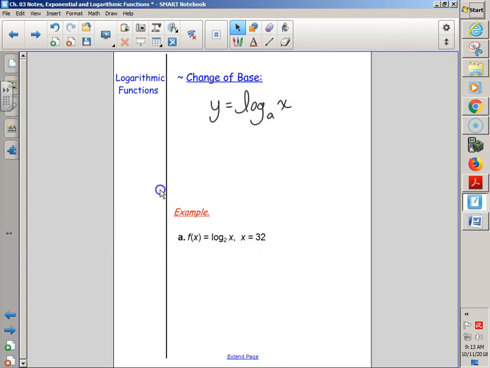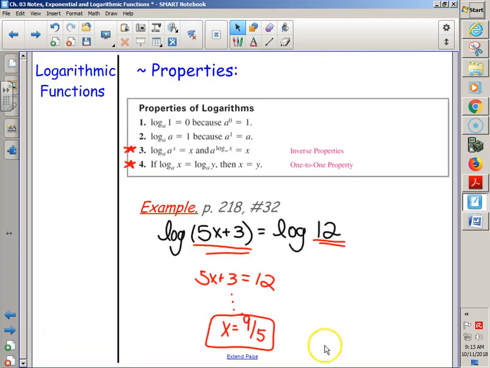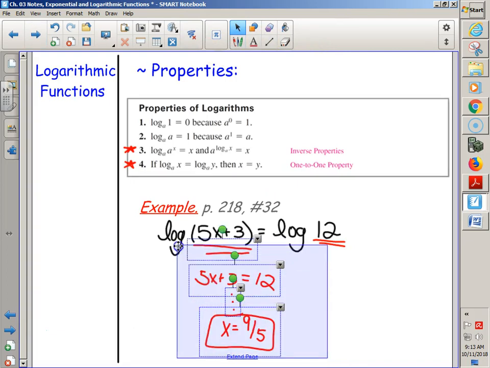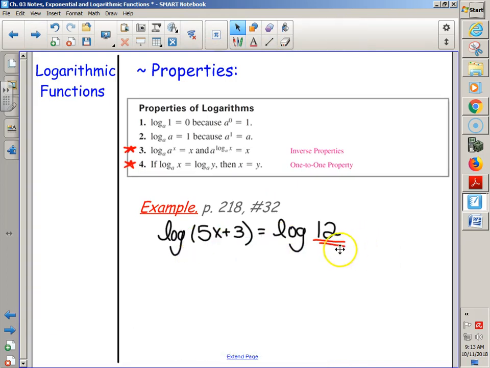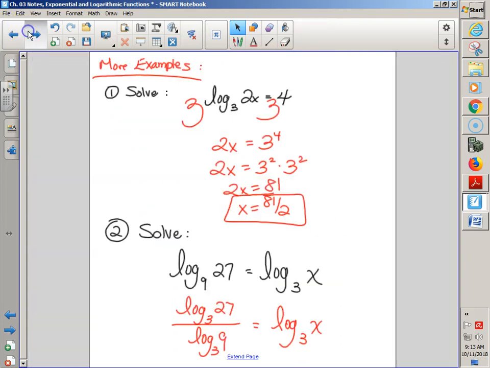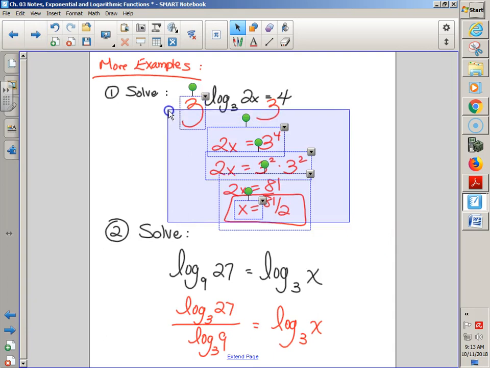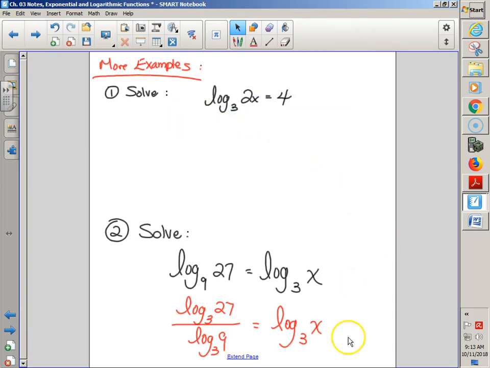A parabola and a square root, they're reflections across the y equals x. A cubic and a cubed root, those are reflections across the y equals x. Starts with an I and ends with a versus. Inverse functions are reflections across the y equals x.